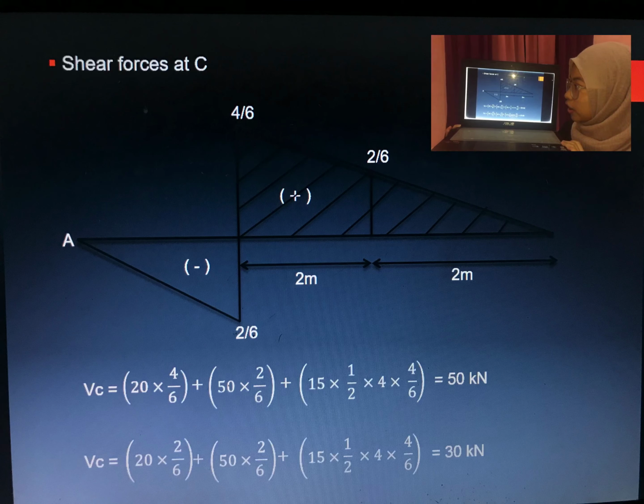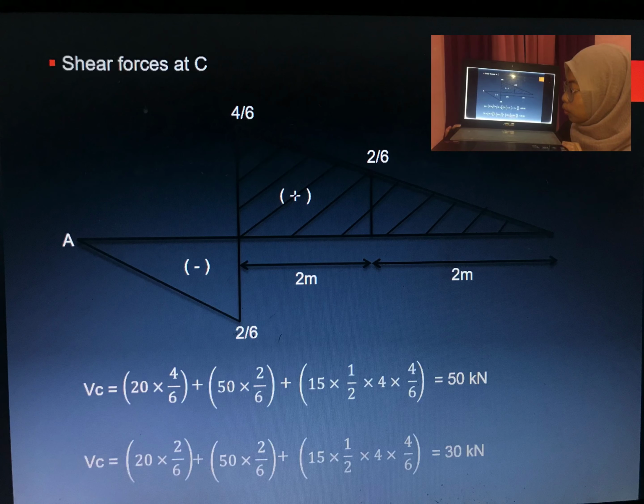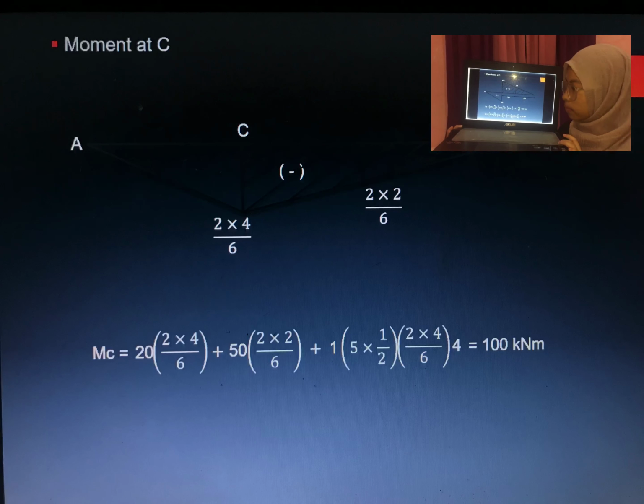Next, shear force at C. So we must find shear force based on the diagram below. VC equals 20 times 4/6 plus 15 times 2/6 plus 15 times 1/2 times 4 times 4/6, equals 15 kilonewton. VC for the second one is 20 times 2/6 plus 15 times 2/6 plus 15 times 1/2 times 4 times 4/6, equal to 13 kilonewton.